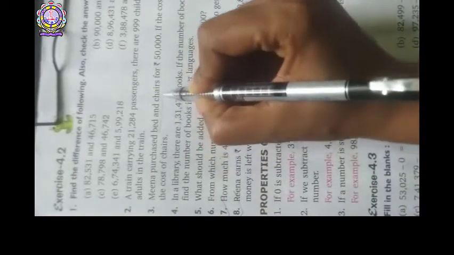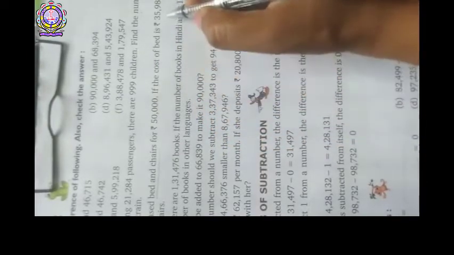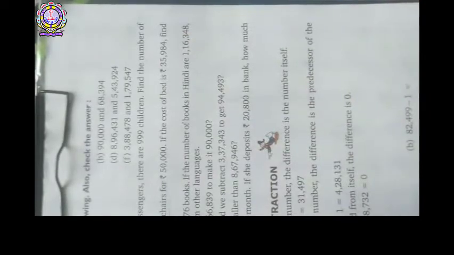The cost of bed and chair is given as 50,000. Okay, the cost of bed is 35,984. If we subtract the cost of bed from the cost of bed and chair, we will find the cost of chair. Okay, students.